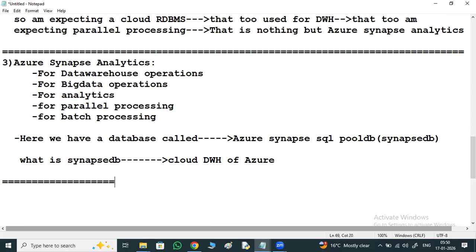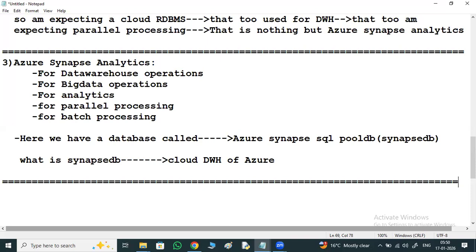Next, we have got Azure Data Factory, ADF.